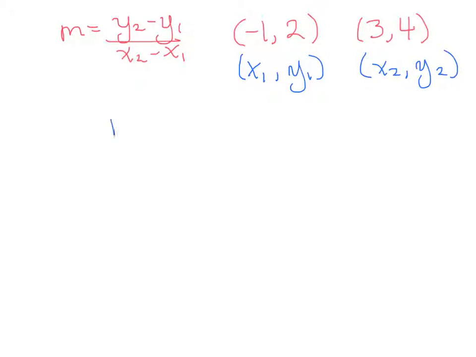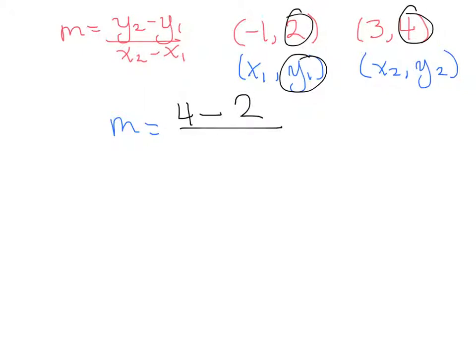Then I would plug it into the formula and say m is equal to y2, which is here, I'll circle these in black. y2 is 4, so 4 minus y1, which is 2, over x2, which is 3, minus x1, which is -1.